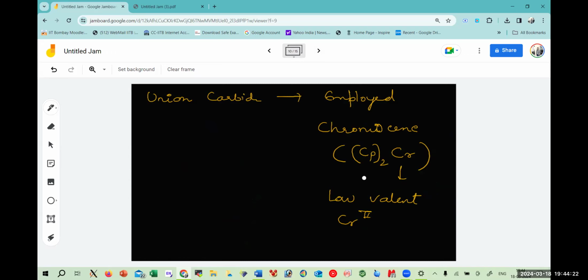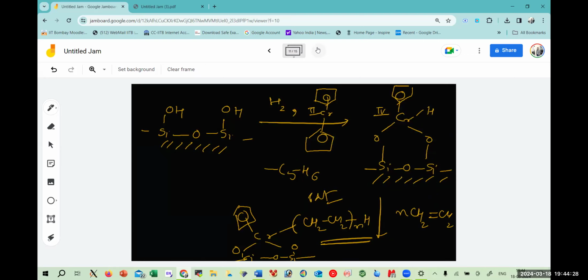Here, the new catalyst was introduced that had an oxidation state of plus 2, and a similar process and mechanism was followed. Firstly, we have a silicon oxide support in presence of hydrogen and the chromocene, which is your catalyst. It would convert to your chromium hydride, and on reaction with the ethylene, it would give you a polyethylene. So this was about the Philips process with two different catalyst versions.